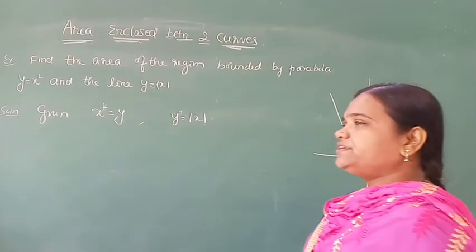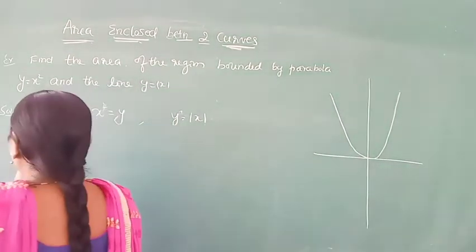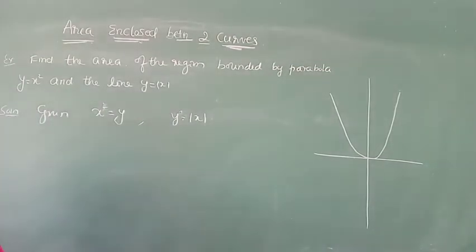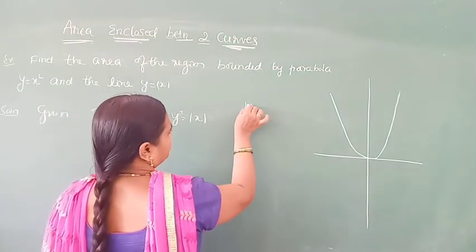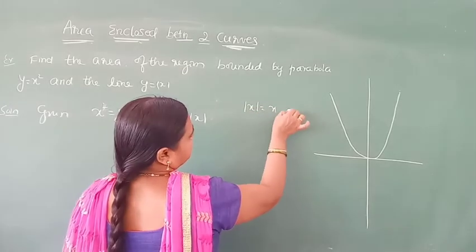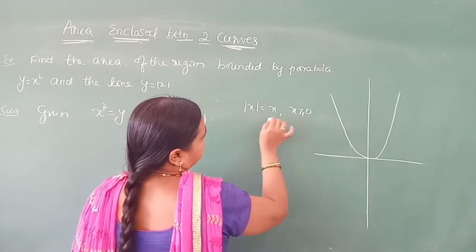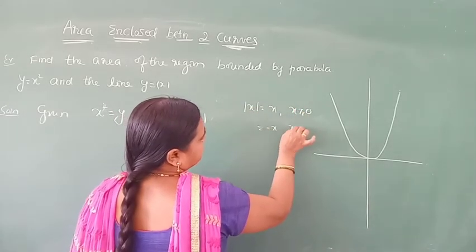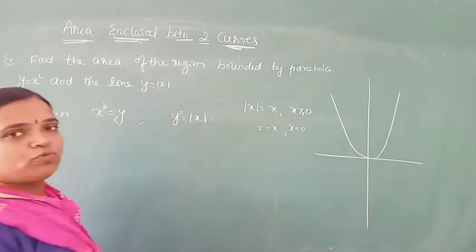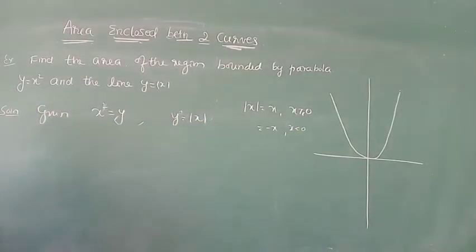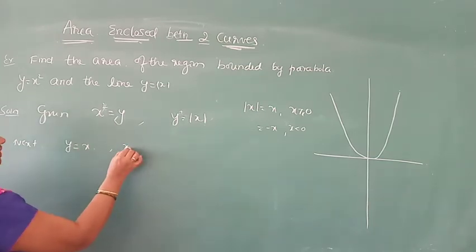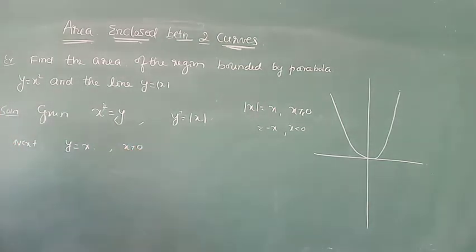But here the points of intersection are not mentioned, therefore we have to calculate them. But there is the condition of |x|. We know that |x| is x when x is greater than or equal to 0, and -x when x is less than 0. Naturally, how many points exist here? 2 points.